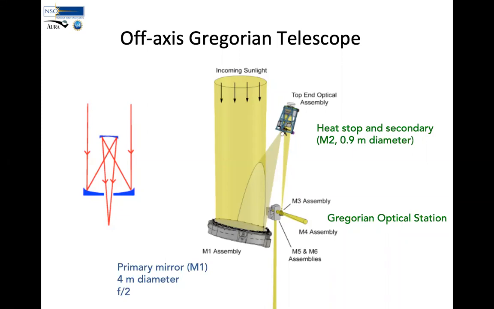Yes? What's the advantage for a solar telescope of using a Gregorian focus as opposed to a Cassegrain? Oh, to remind me what the Cassegrain is. It's where you have a convex secondary, so the prime focus is behind the secondary, so it doesn't cross over like that. Right, I see what you're saying. I actually don't know the answer right off the top of my head.